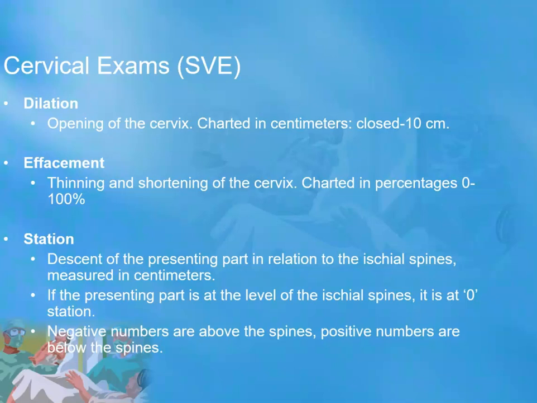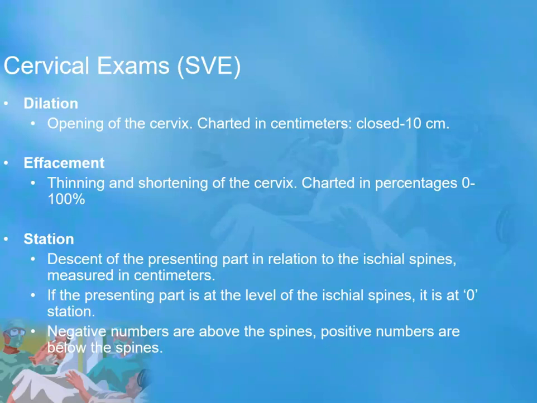The thinner it gets, the more it's expressed in a higher percentage. So 100% effacement is paper thin, where if it's just 20% effaced, it's still thicker and it's still kind of long. That cervix shortens and thins out as the labor progresses. So we look at the effacement.